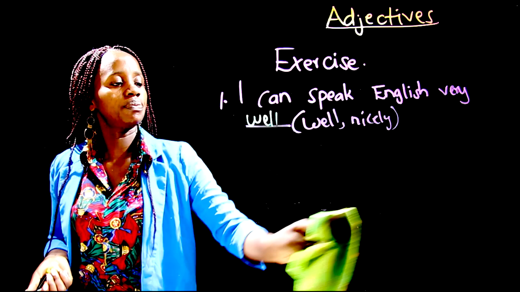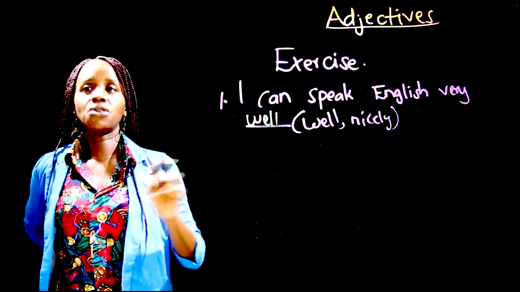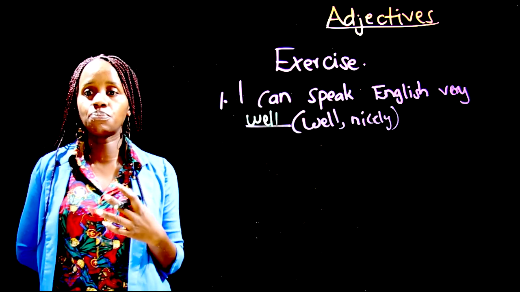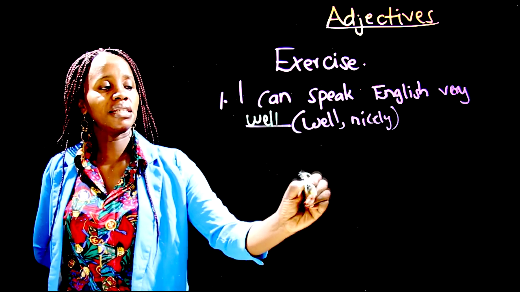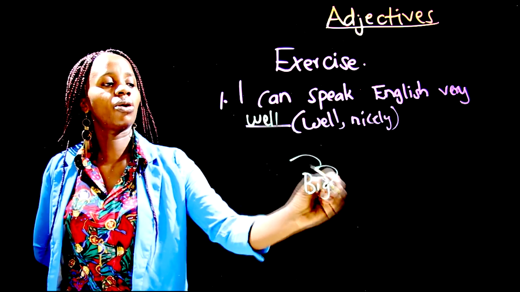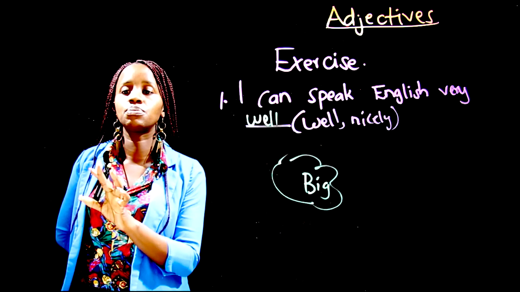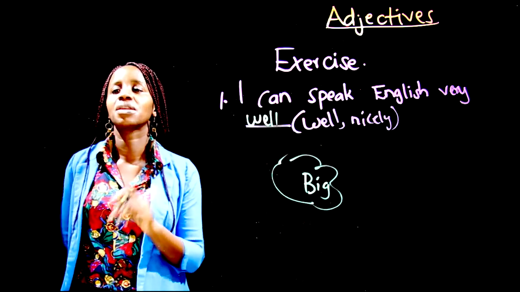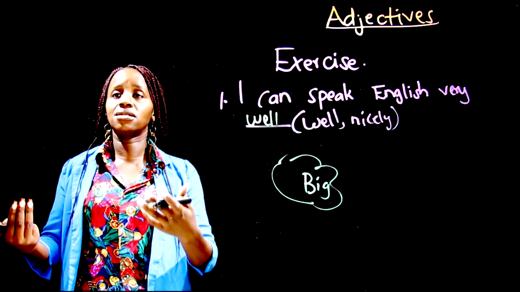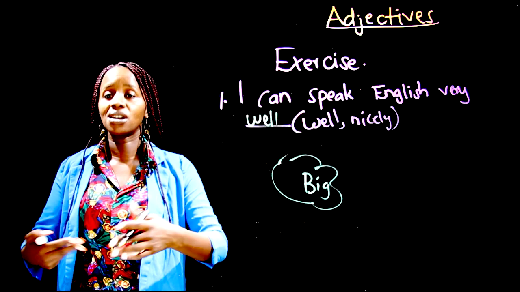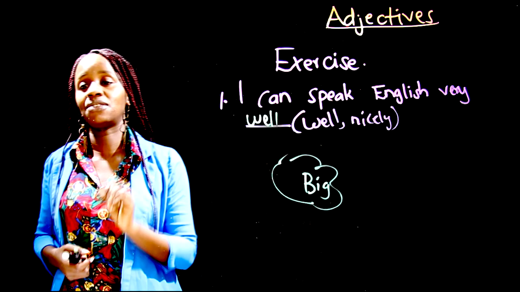For example, when you're describing, let's say you're describing someone who is big. Already the word big is there. Okay? So you've already created that mental picture of this person that is big. But for you to bring out the enormous stature of this person, you need to look for the most appropriate adjective to use.